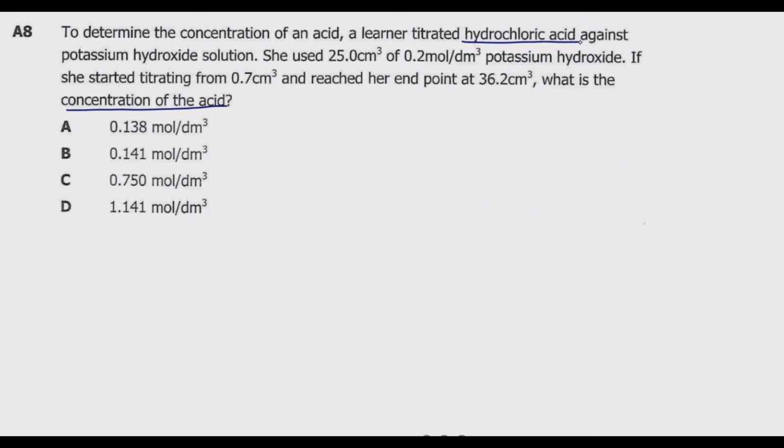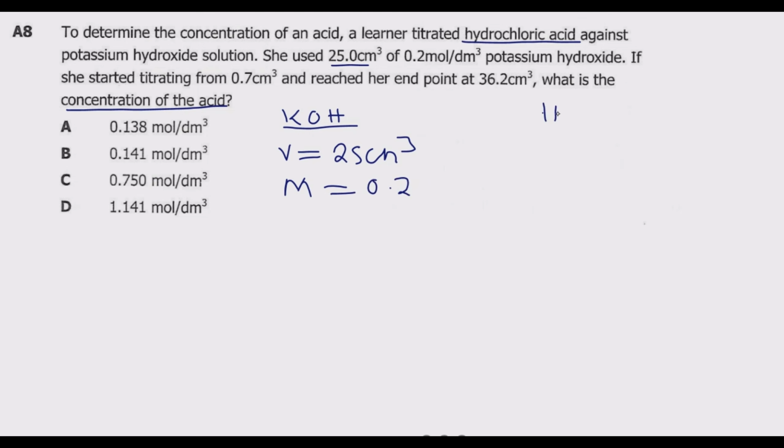What do we have? We have potassium hydroxide, which is in the volume of 25 centimeter cubed. Then molarity, which is concentration, is 0.2.